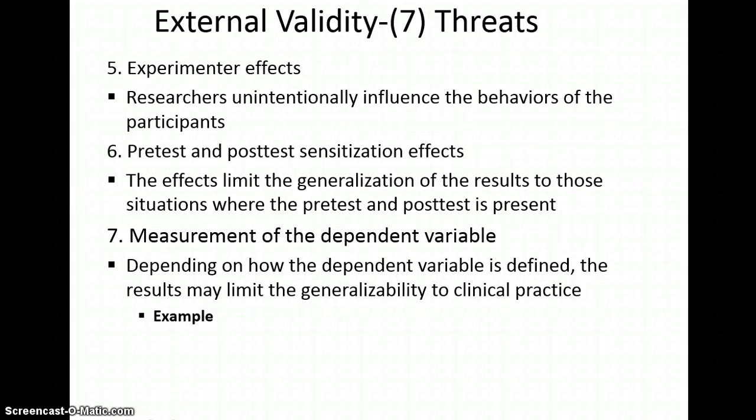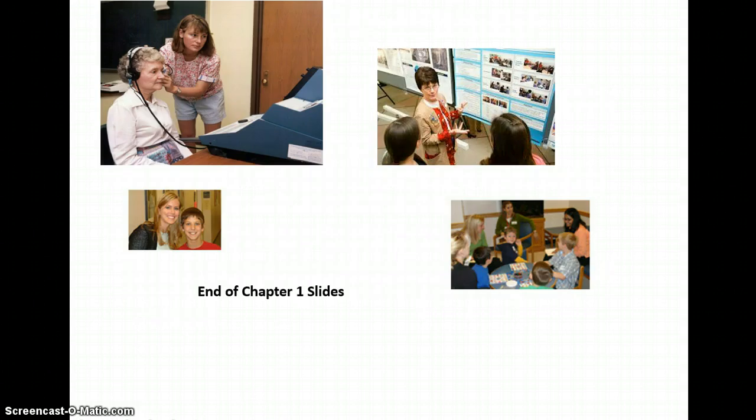We have experimenter effects, pre and post test sensitization, and measurement of the dependent variable. If you don't describe the dependent variable accurately, you may limit your generalizability, I have trouble with that word, to clinic.